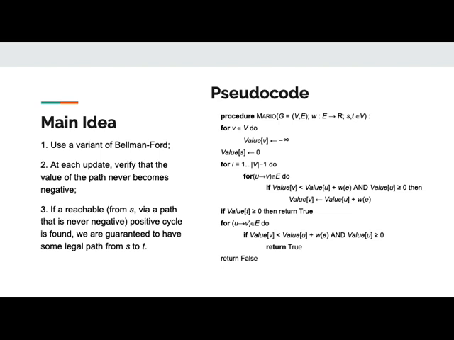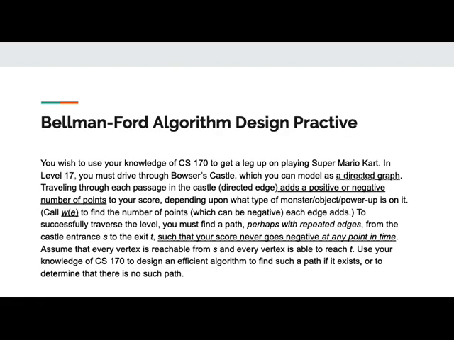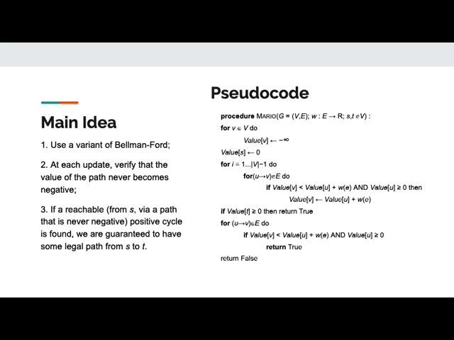The last 3 lines? Remember the problem asks you to determine that there is no such path, if that is the case, right? So the last 3 lines are essentially saying, wait, value of v versus value of u.